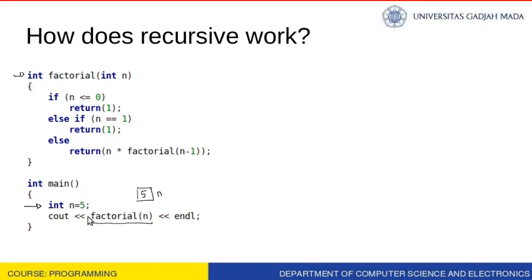The program execution will jump to this function, and inside of that function we will have a variable with the name of n, which is the input variable, and it will be a copy of the one here, so it will be 5. So this one is the first function call.